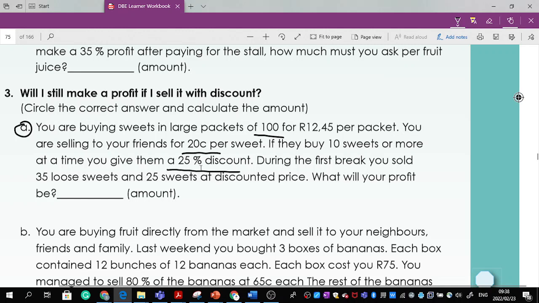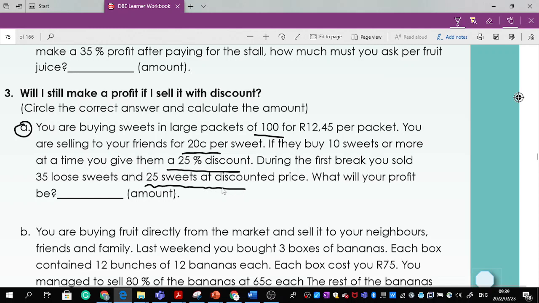So it's going to be 25% of that 20 cents. That's what you're giving them. During the first break, you sell 35 loose sweets and 25 sweets at a discounted price. So you're selling altogether 35 plus 25, but the 25 sweets you sold are at a discounted price.